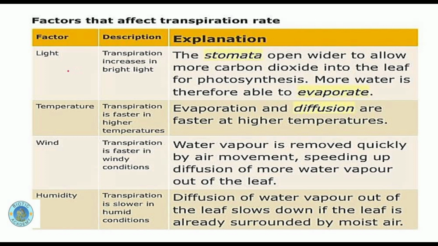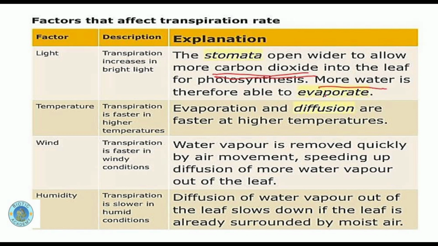Now, brighter light increases the rate of transpiration. How does it increase the rate of transpiration? Brighter light is obviously in the daytime, and in the daytime stomata are open wider in order to allow absorption of more and more carbon dioxide for the process of photosynthesis. Similarly, side by side, these stomata are losing that hot water of the plant body so that the plant can absorb cool water from underground and maintain its temperature.